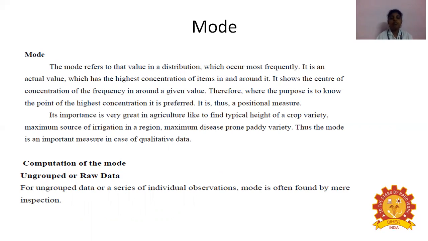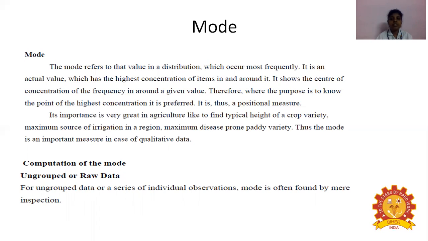Next, we see mode. The mode refers to that value in a distribution which occurs most frequently. It is an actual value which has the highest concentration of items in and around it.